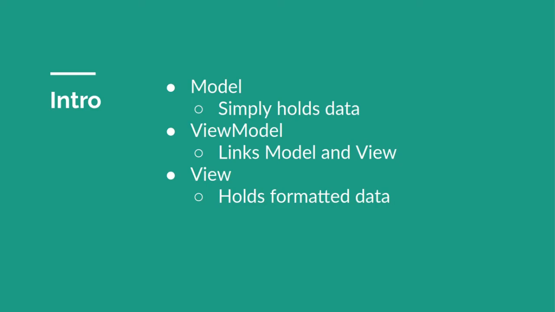Now it's impossible that there is no code behind in a view. In a view you need at least one constructor and a call to initialize components. So the idea is that the event handling action and data manipulation logic code shouldn't be in the code behind the view, as we already saw in our MVP. Now there is also other kinds of code that have to go in the code behind: any code that's required to have a reference to a UI element is inherently view code.